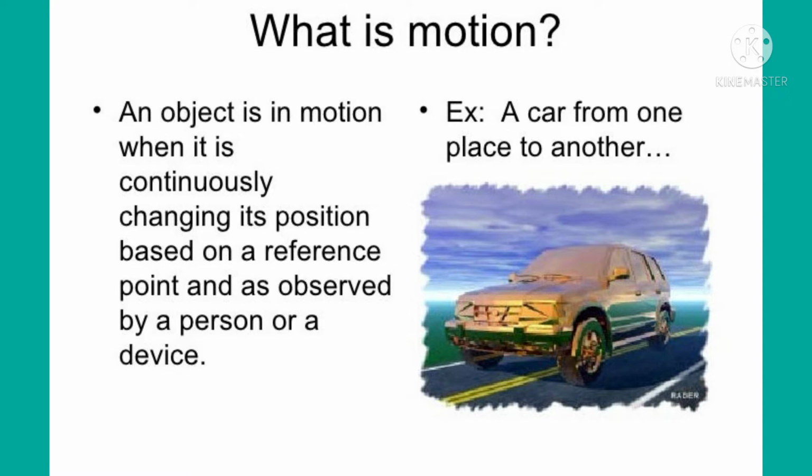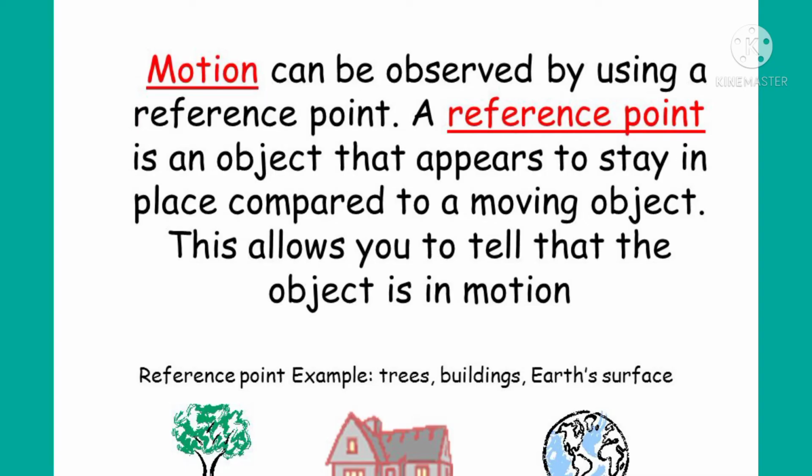Do you know how motion is being measured? The change in position is measured with respect to a reference point. Do you know what a reference point is? A reference point is a fixed place or object used to determine the position of an object.